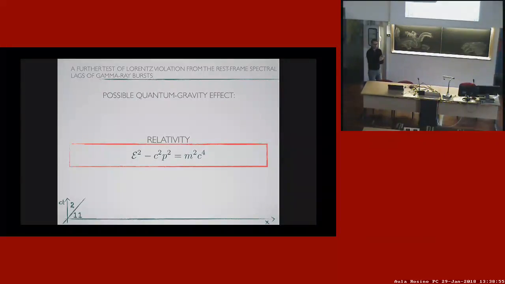Here I briefly recap the standard paradigm of special relativity.